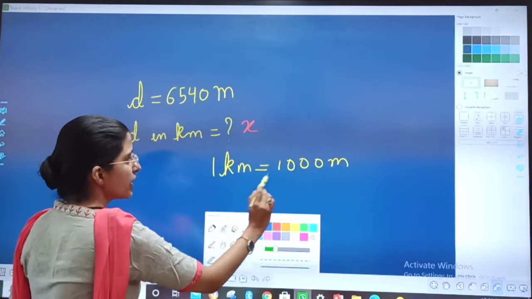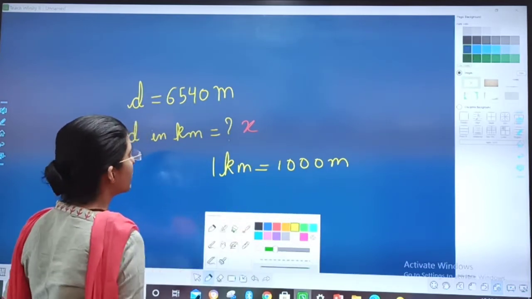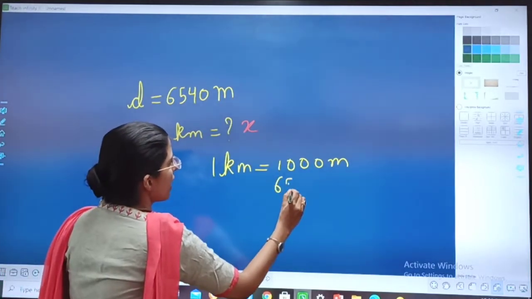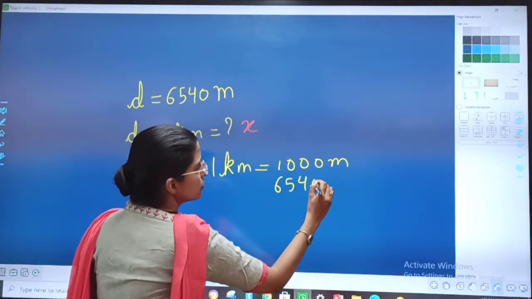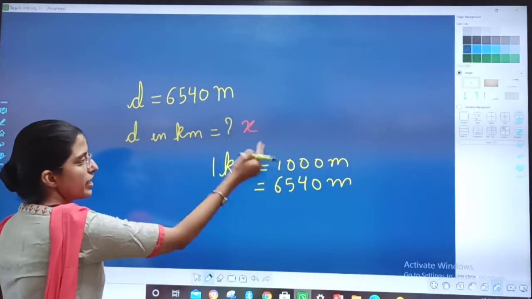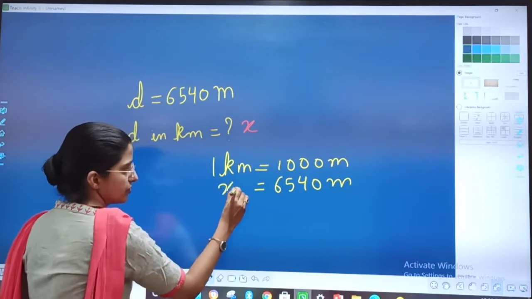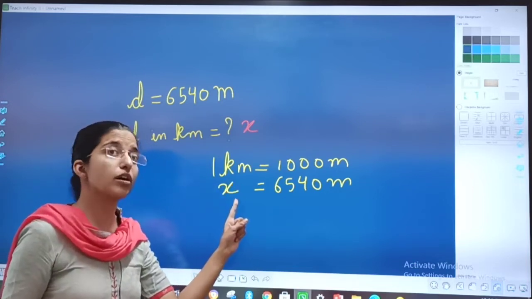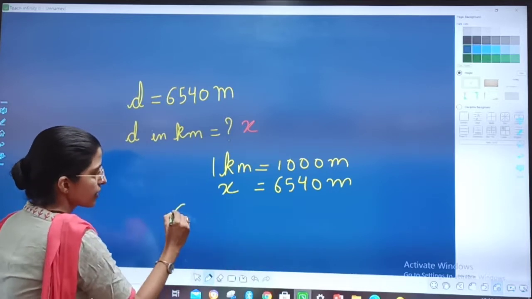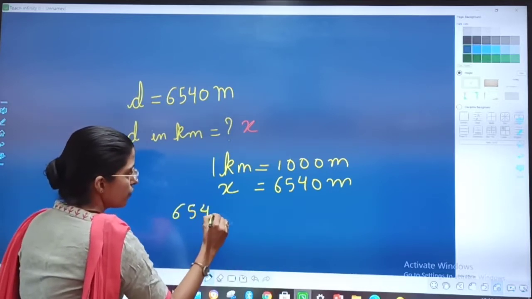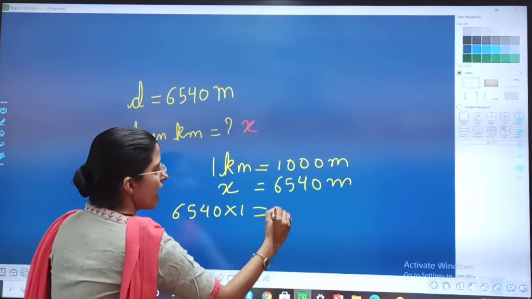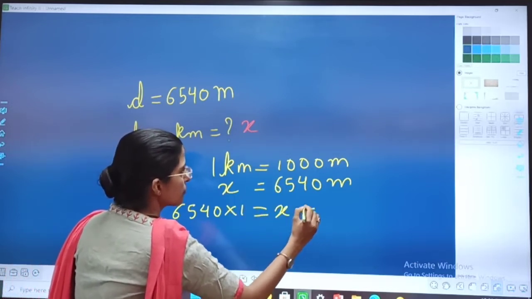Now, 1 kilometer is equal to 1000 meter and here we are having 6540 meter, okay. And suppose in kilometer it is x. हमें x find करना है तो हम कैसे find out करेंगे? By cross multiplication. So, 6540 into 1 is equal to x into 1000.